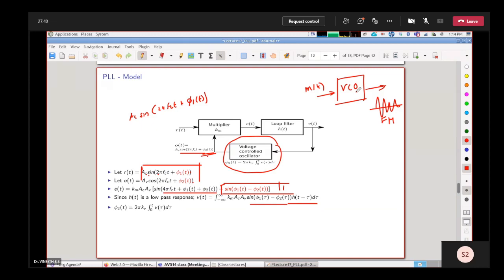You can probably see why we have taken R of t and O of t to be sine and cos: you basically get the sine of phi1 of t minus phi2 of t function, which is 0 when phi1 of t becomes equal to phi2 of t. That is why we have simplified the notation by taking R of t and O of t to be sine and cos respectively.